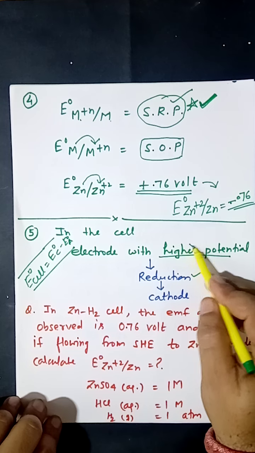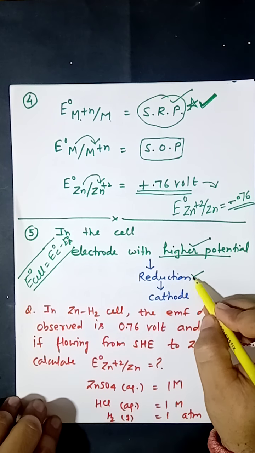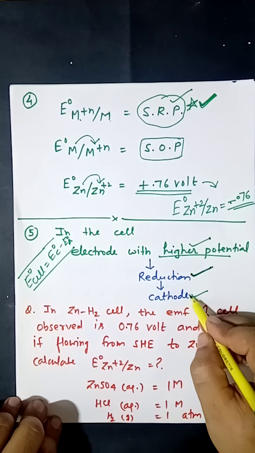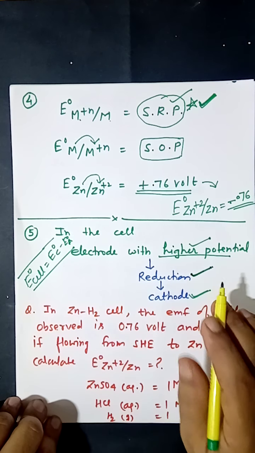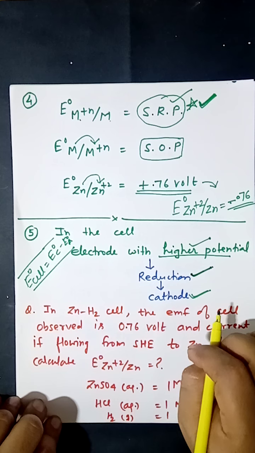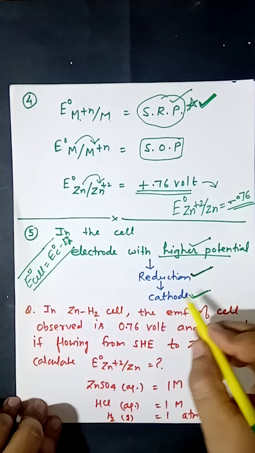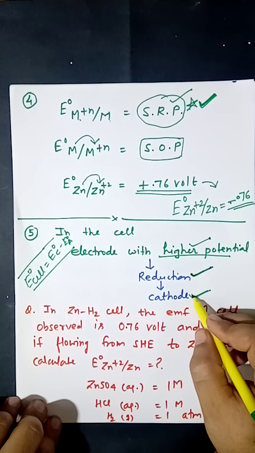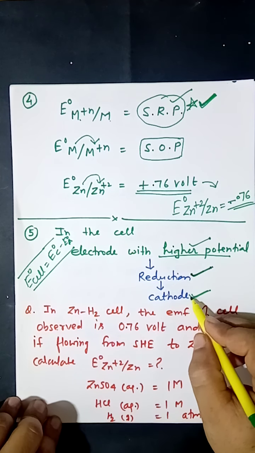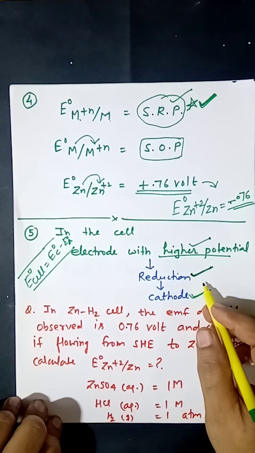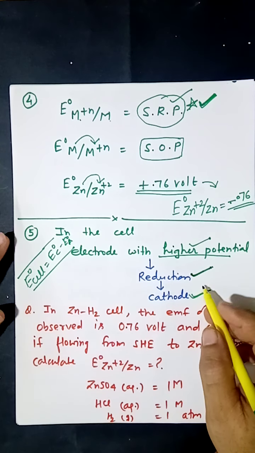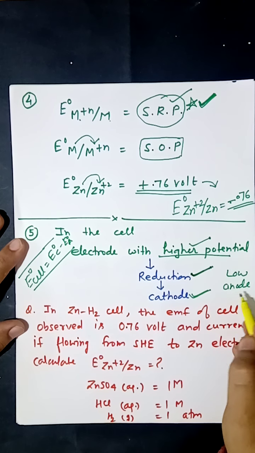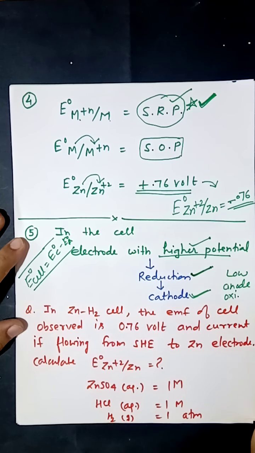The element with higher reduction potential has more tendency for reduction, so it will reduce and therefore behave like the cathode. Simple, the element with high potential will behave like the cathode, and remember the reduction reaction takes place at the cathode. Obviously the other element with low electrode potential will behave like the anode and it will involve the oxidation reaction.